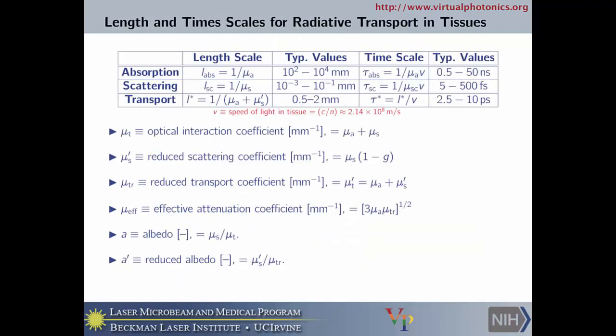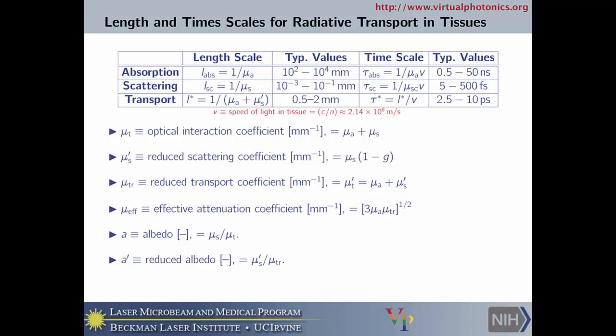And then, as I promised, there's this interplay between the characteristic length scales for light transport and the characteristic spatial scales in tissue. Since I've run over, I'll leave this for you to look at. You're going to see all of these later in this course, especially when the diffusion approximation comes up.